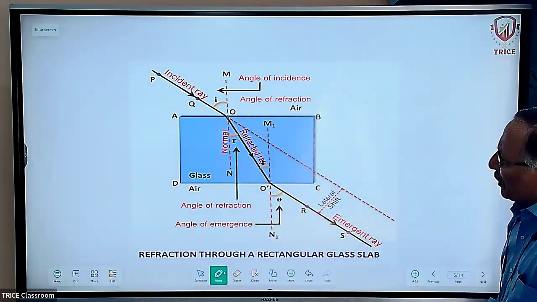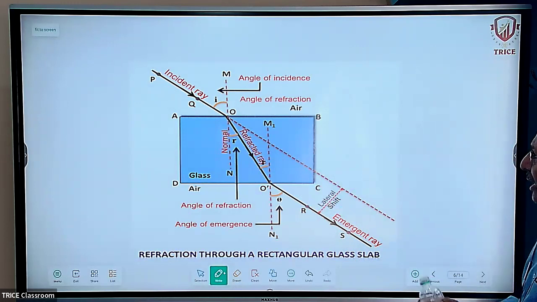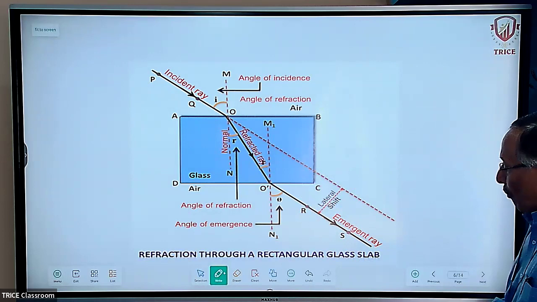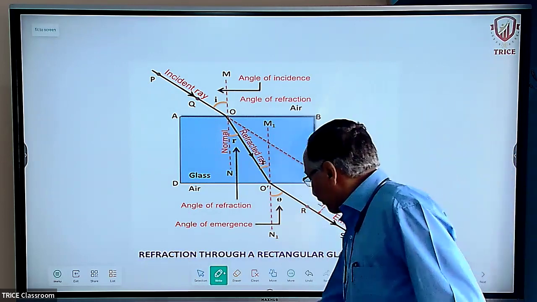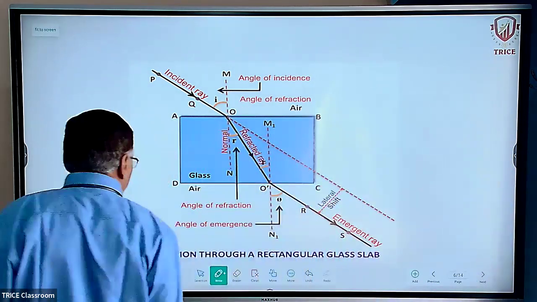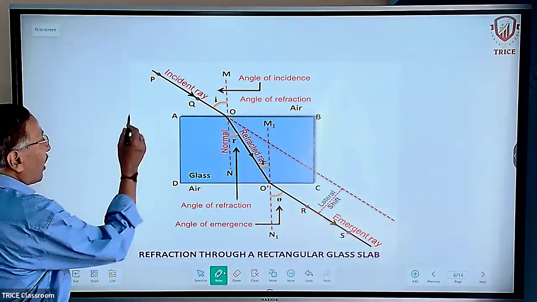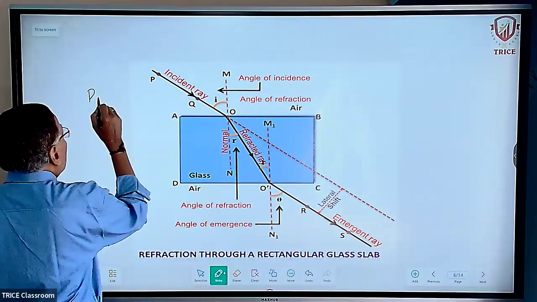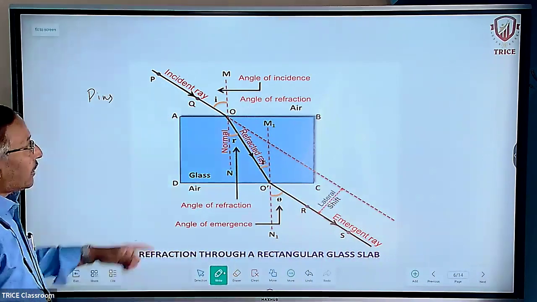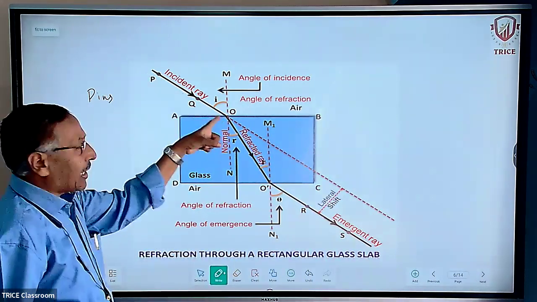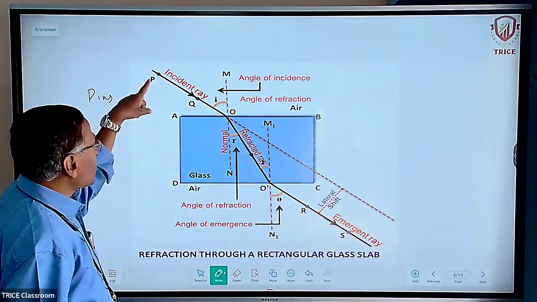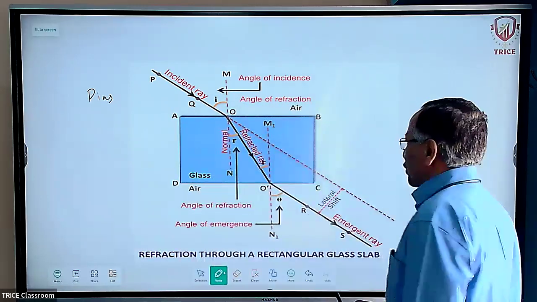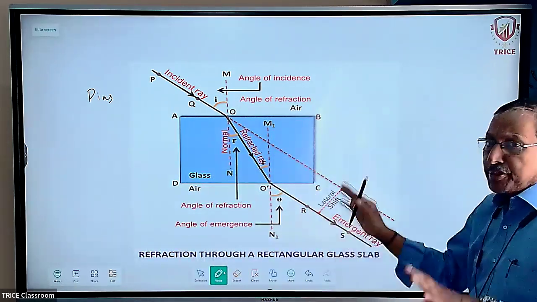Take a piece of white paper, keep a rectangular slab like this. Fix two normal pins, P and Q. Draw a line at an angle. Fix two pins P and Q. Observe the image of these two pins from the opposite side of this glass slab.